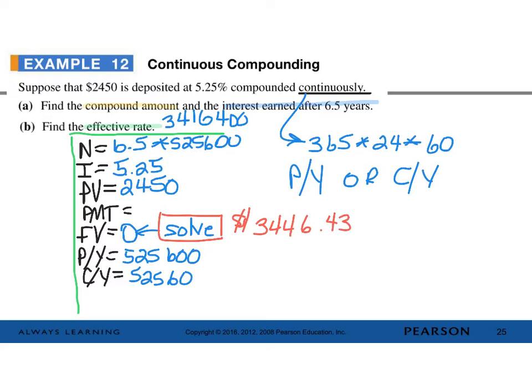So the interest earned after 6.5 years turns out to be $996.43, which is only $7.65 more than the amount of interest we had in example 5.